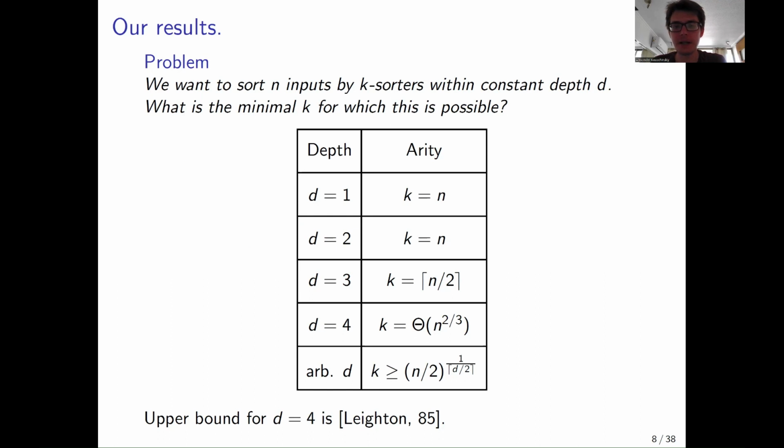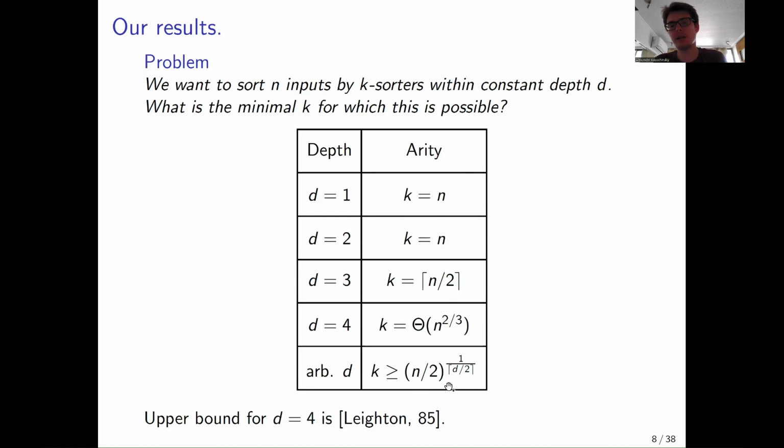Finally, we also show a general lower bound for arbitrary d. We show that for a k sorting network of depth d, k is at least n over 2 to the 1 divided by the ceiling of d over 2. I also have to note here that the upper bound for d equals 4 was actually implicitly known, so our contribution here is the matching lower bound.